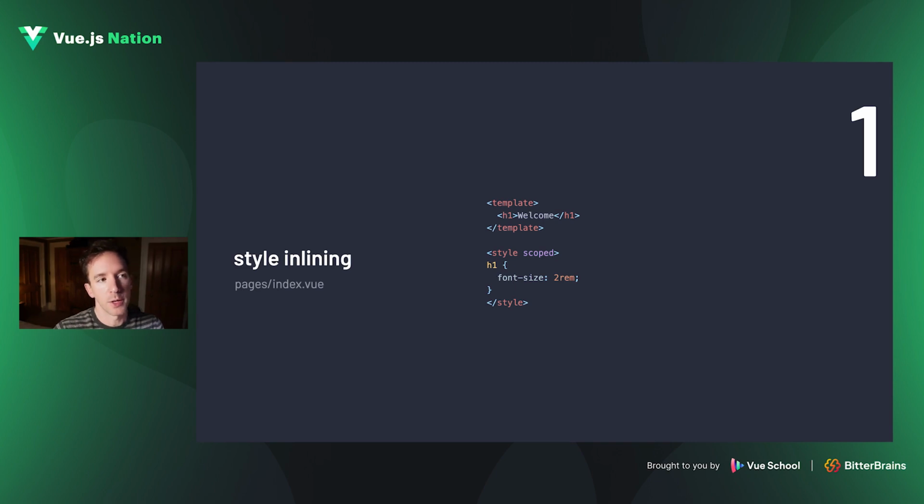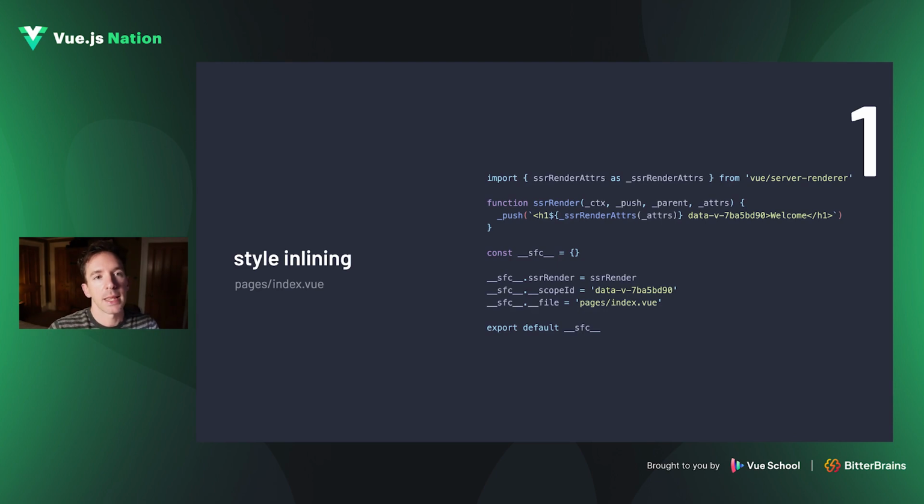Now, this is a Vue component. Basically, Nuxt takes the component that you're rendering and creates a unique ID, which is in this case the file of that component. You can see it's pages/index.vue. And when this component is rendered on the server, we attach that ID to the context.